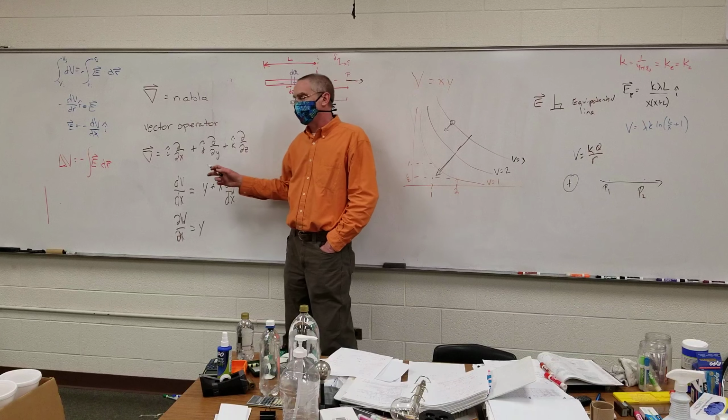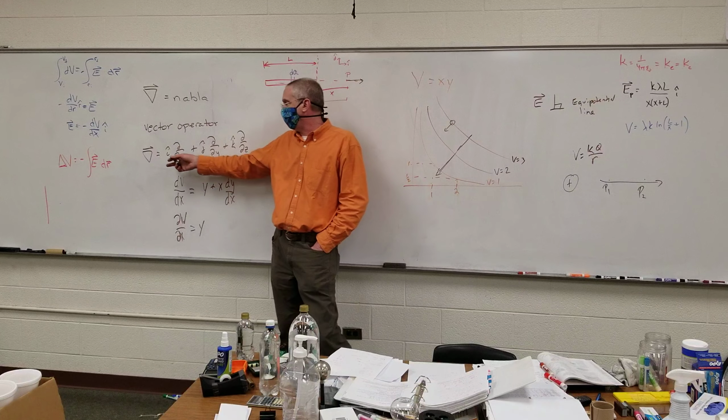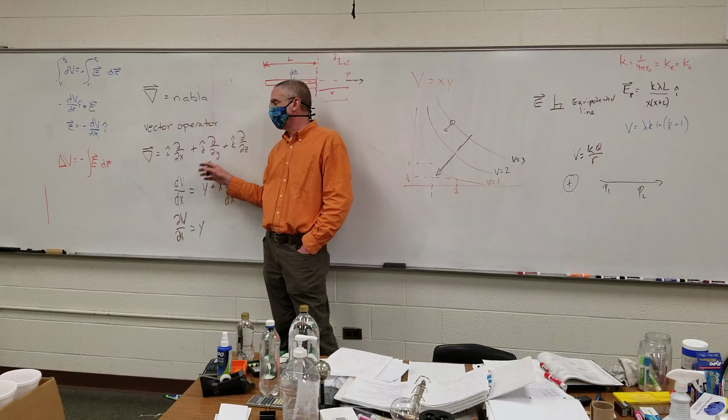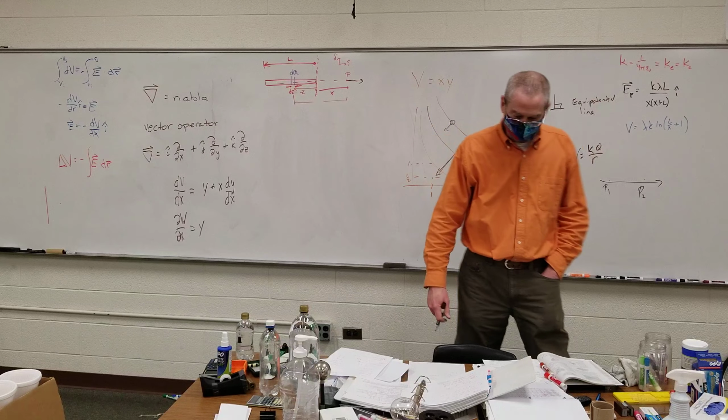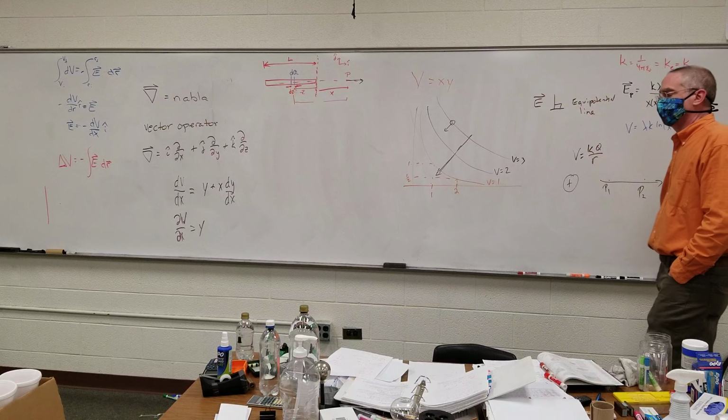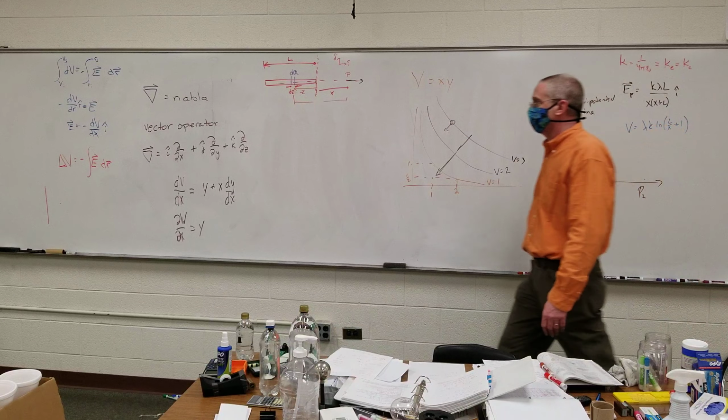I am making the assumption of traditional x, y, z axes, where i hat is in the x direction, j hat is in the y direction, k hat is in the z direction. There is more generic notation, but it's just not worth it.